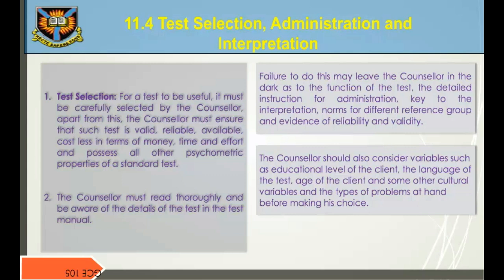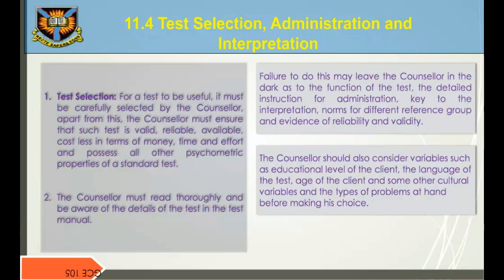The counselor must read thoroughly and be aware of the details of the test in the test manual. Failure to do this may leave the counselor in the dark as to the function of the test, the detailed instruction for administration, key to the interpretation, norms for different reference groups, and evidence of reliability and validity.